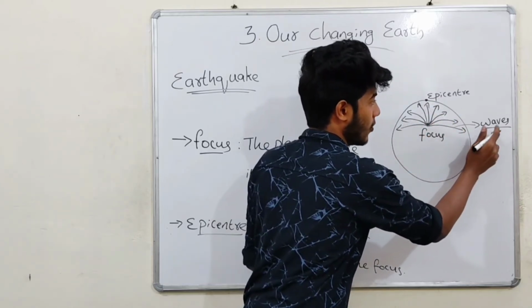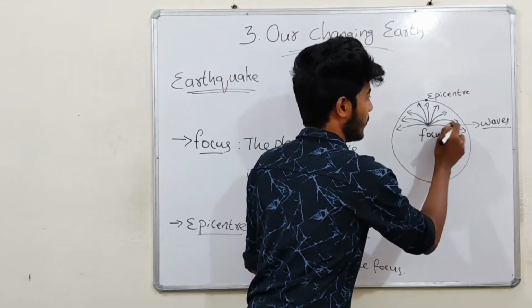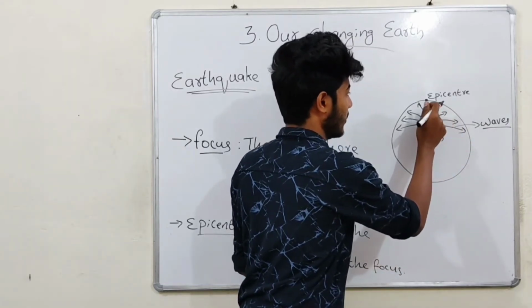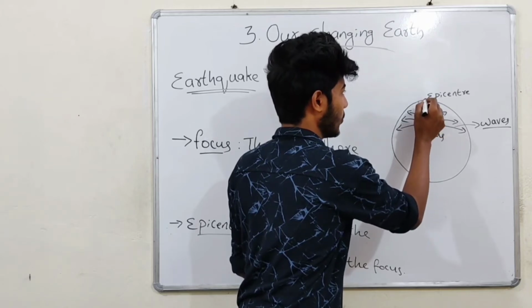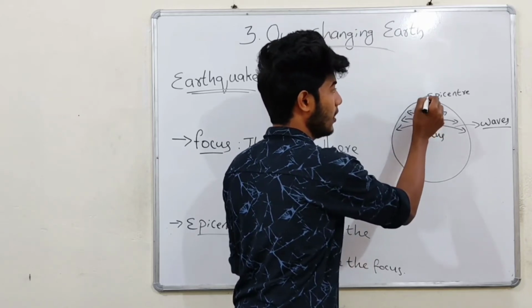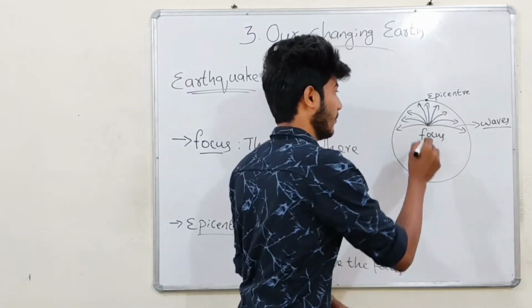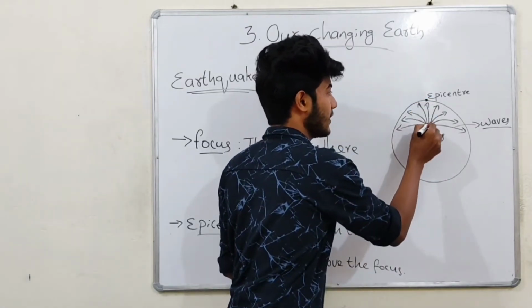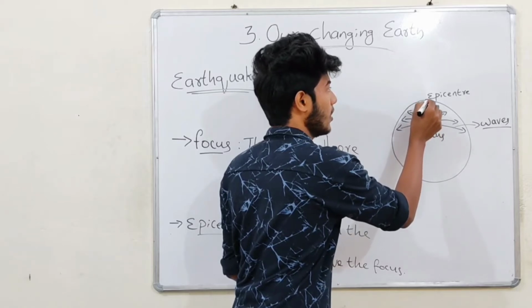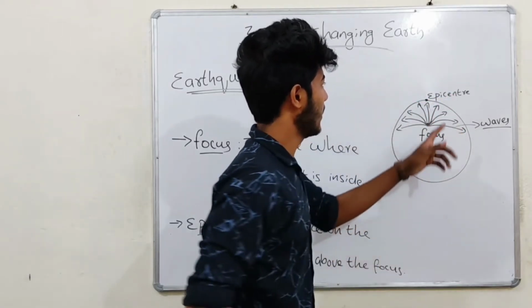These vibrations are called waves. And the point above the focus on the surface of the earth is called epicenter. The point on the surface which is above the focus is called epicenter.